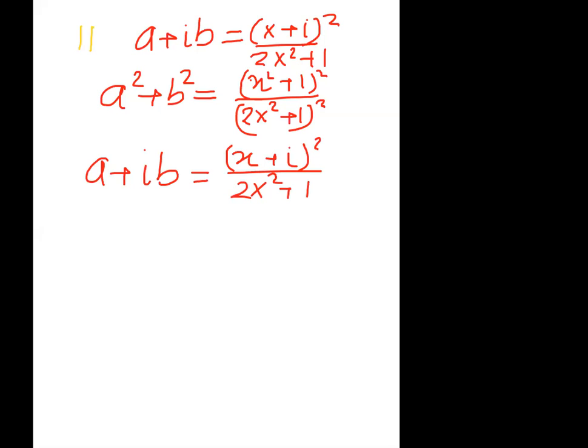Now its conjugate I am writing: a minus ib equals (x minus i) whole square upon, the denominator will remain the same because in the denominator it's not a complex number. Only in a complex number the sign in front of the imaginary part will change.